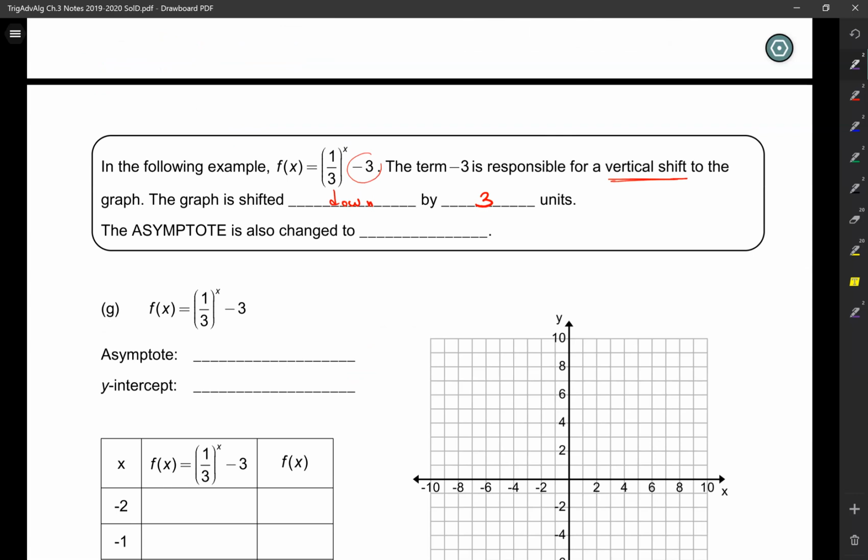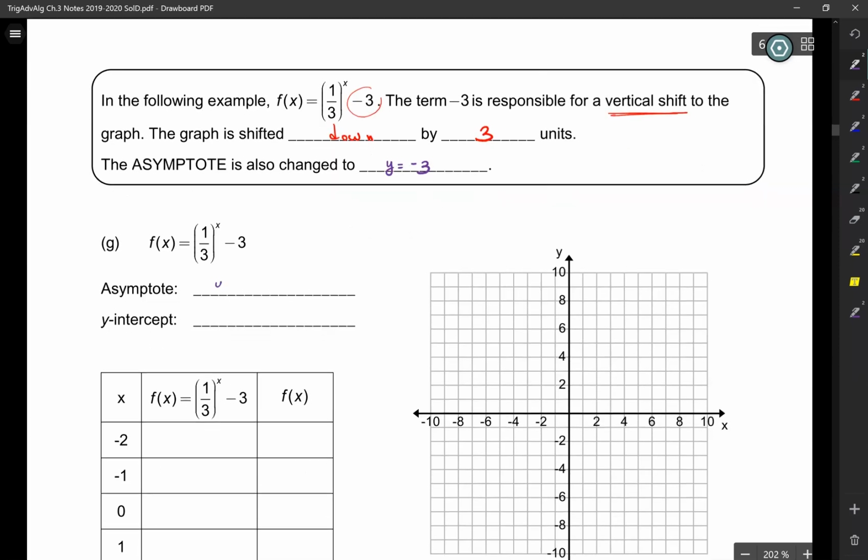So now instead of y equals 0, it's y equals negative 3. The asymptote is always going to be y equals that number, negative 3. So there's minimal thinking involved. Free points for this stuff.